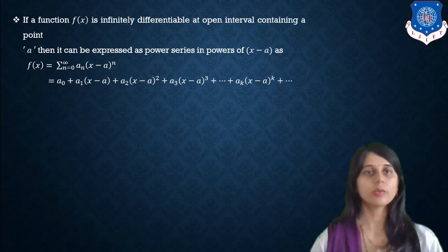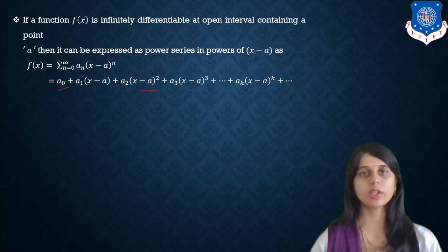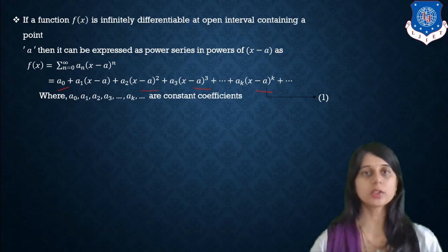Expanding this series, we get a0, a1 (x minus a), a2 (x minus a) whole square, (x minus a) whole cube, up to (x minus a) raised to k. It is equation 1, where a0 to ak are constant coefficients.